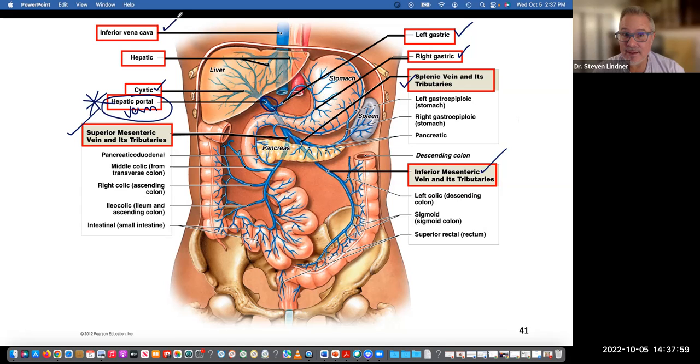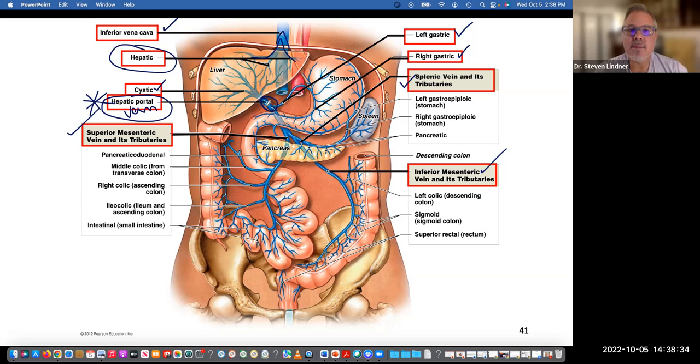It says, hey, how about we clean all this stuff out first. It's coming from the digestive tract, so it brings it into the liver to filter it. And then after it's cleansed in all of those liver sinusoids, it's going to divert it into the hepatic vein. So don't confuse hepatic portal vein with hepatic vein. So the hepatic veins then drain into the inferior vena cava.